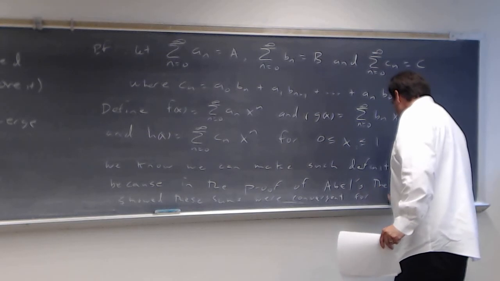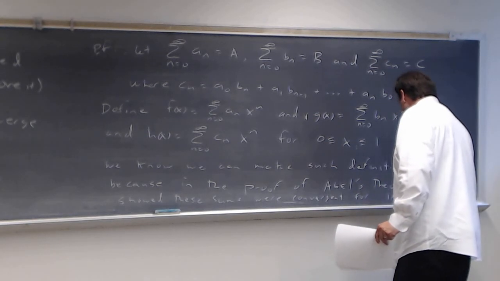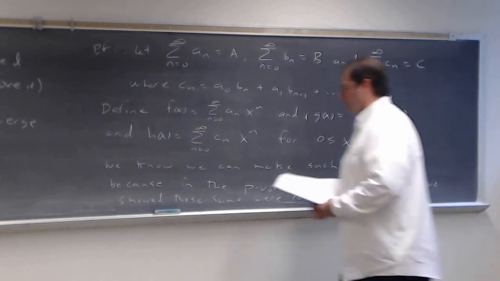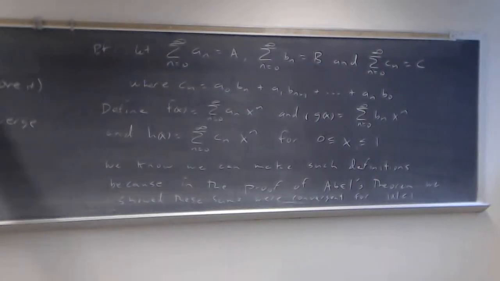What we showed was for the absolute value of x being less than 1. Here we're just going to use from 0 to 1, but we could have negative x values.